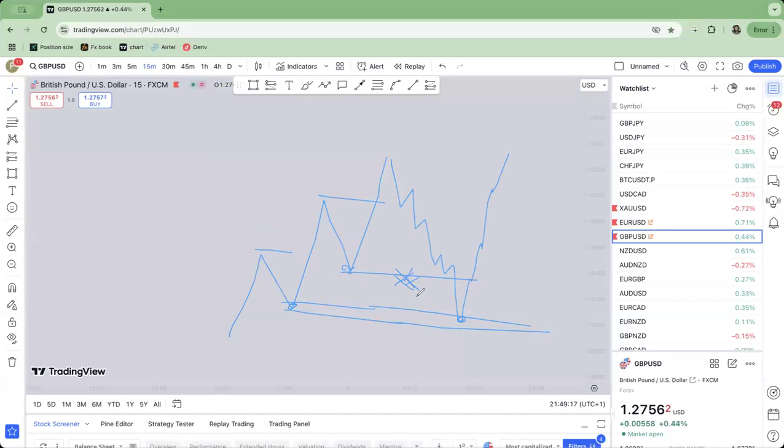Inducement is necessary to confirm that this is where market makers are setting a trap for retail traders. Once liquidity is taken, either in the form of liquidity or inducement, you will see that it is likely going to go after that.